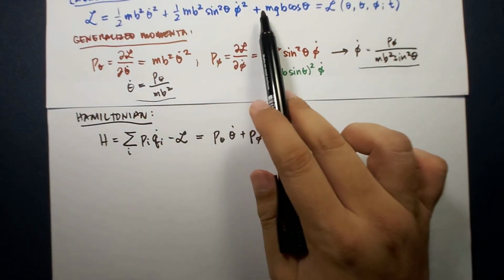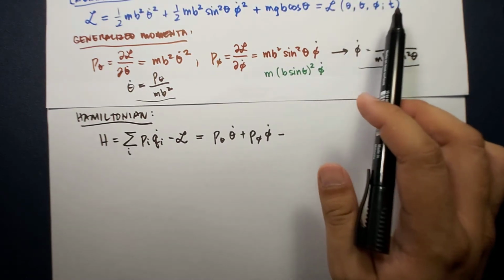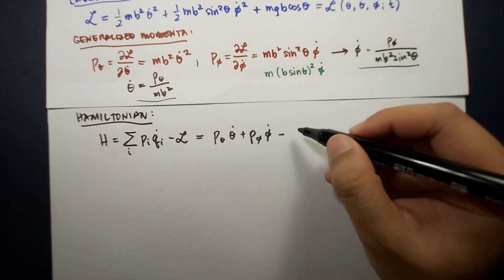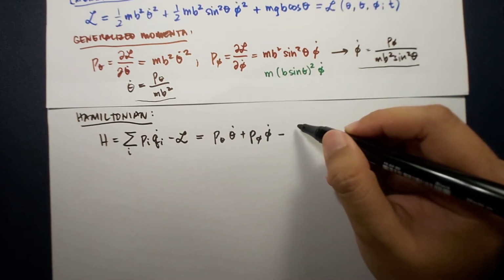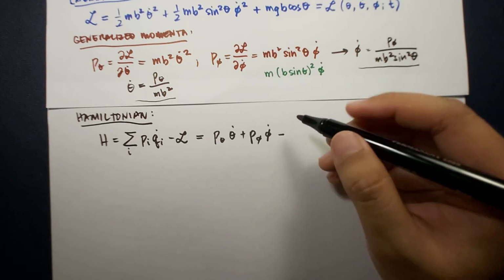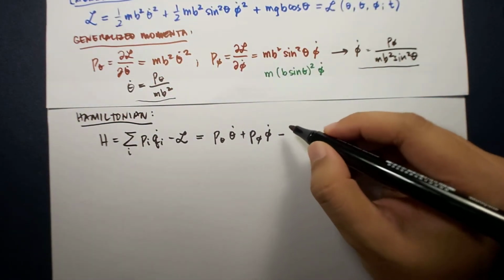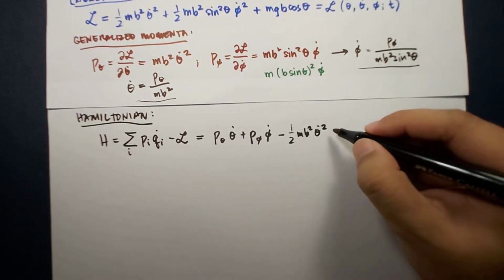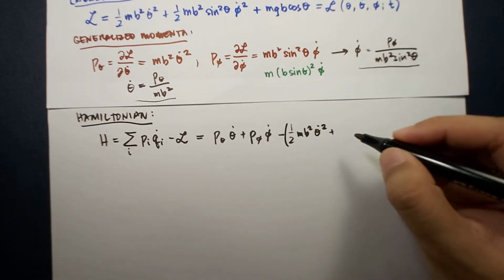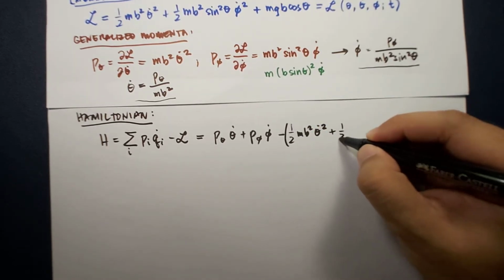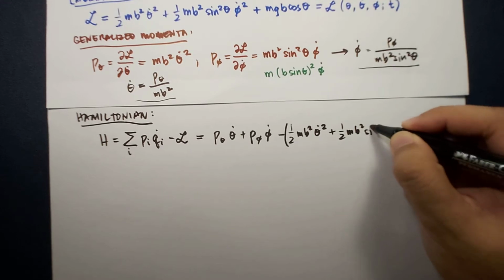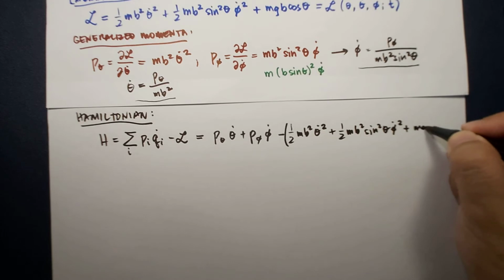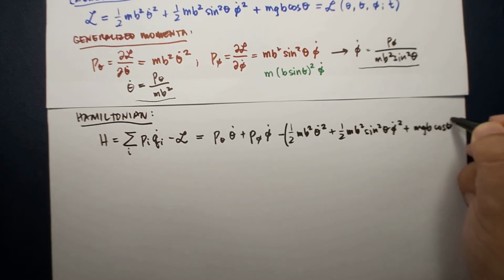You will notice that if we substitute this and this into our Lagrangian, we will end up with minus 1/2 m b squared theta dot squared plus 1/2 m b squared sine squared theta phi dot squared plus m g b cosine theta.